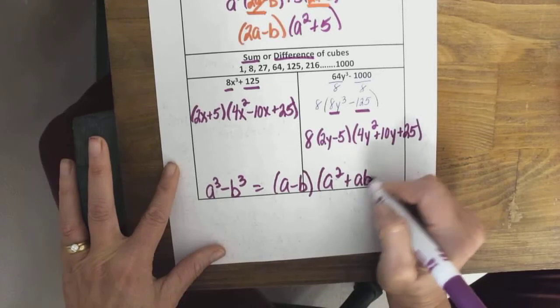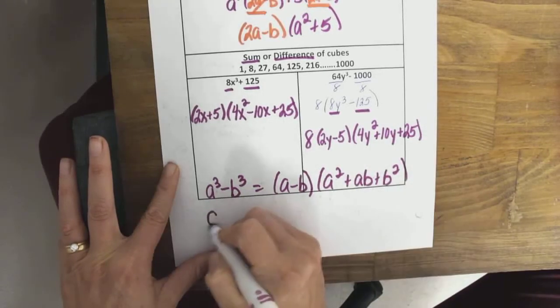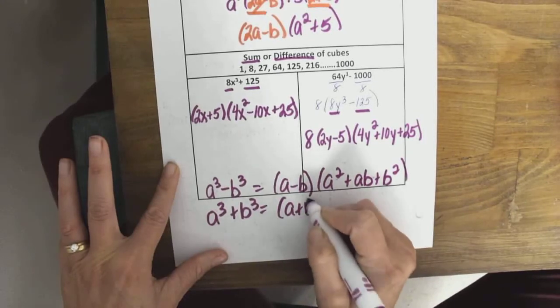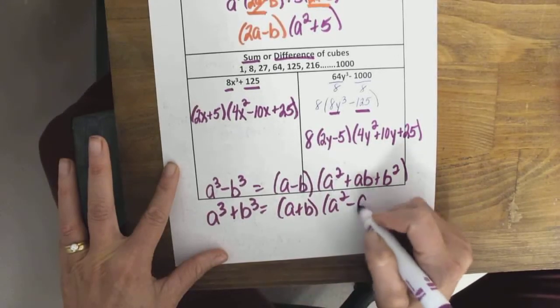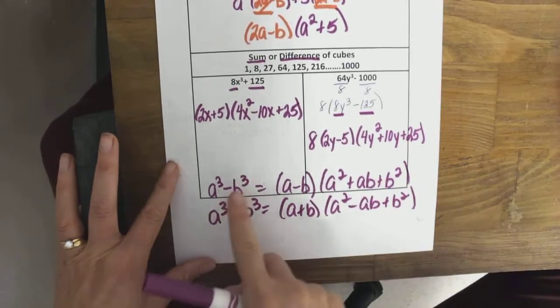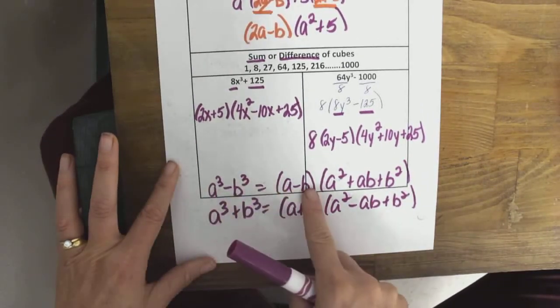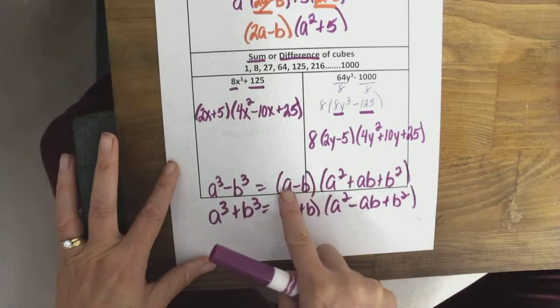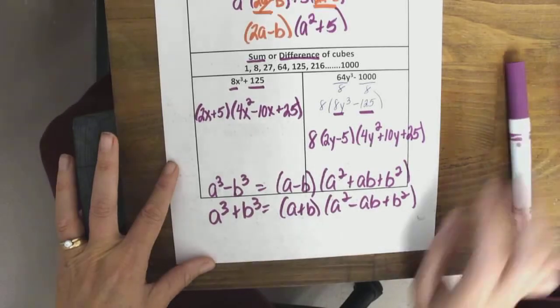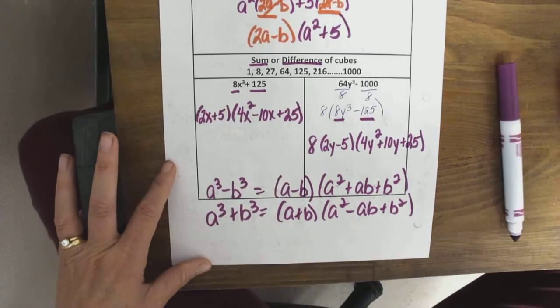This is the fancy way of writing it. I like to say cube root, square it. Multiply, change the sign, and then square the last one. I hope that helps.